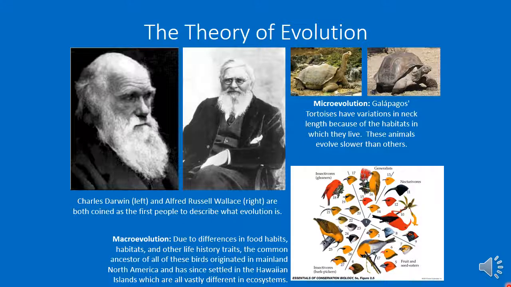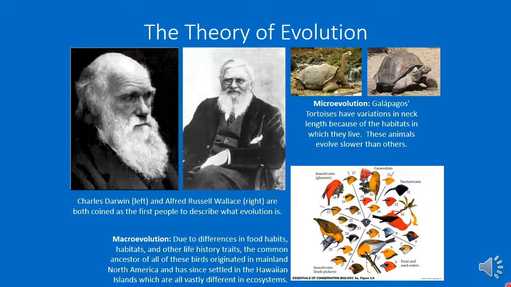On another island chain, the Hawaiian Islands, macroevolution has happened. And macroevolution is when you create new species, basically. And so a long time ago, a bird made it to Hawaii from the mainland. Well, it would have been several birds, or maybe a pregnant female bird that laid eggs. It could have been just one, but it's probably a few birds got blown in by a hurricane or something.